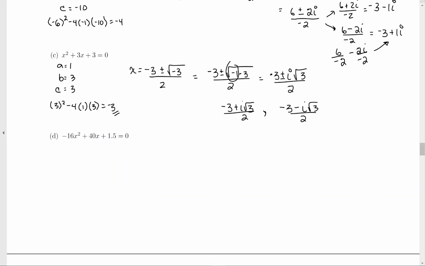For the last one, we're going to be using our calculator here because we've got a decimal, and so we can expect a decimal answer out here.